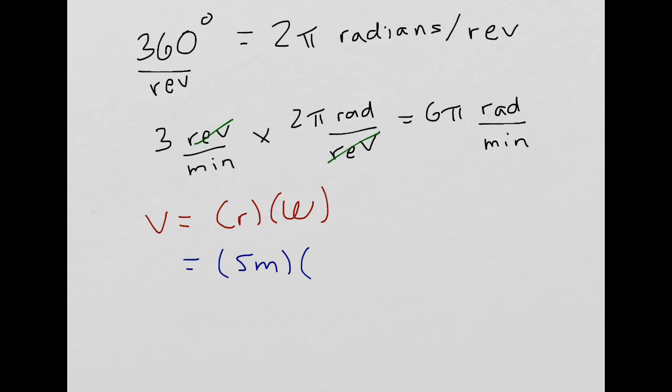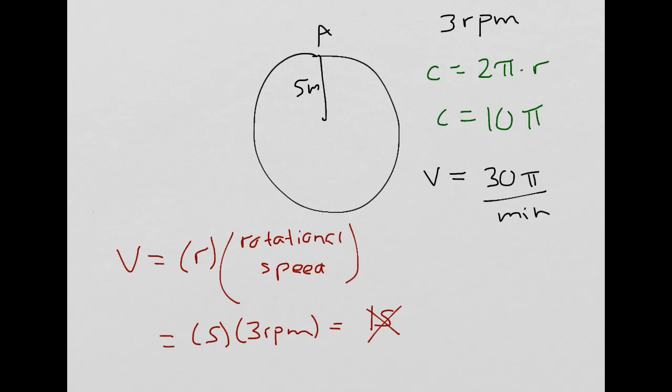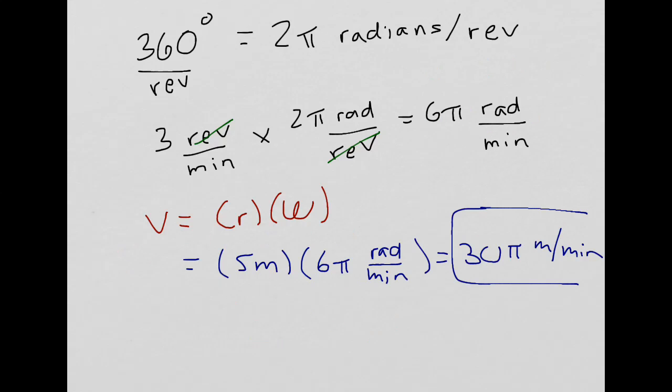So I can plug that in. And I get 5 times 6 pi is 30 pi meters per min. And that's basically what I was looking for, right? We originally got that our answer was 30 pi units per minute.